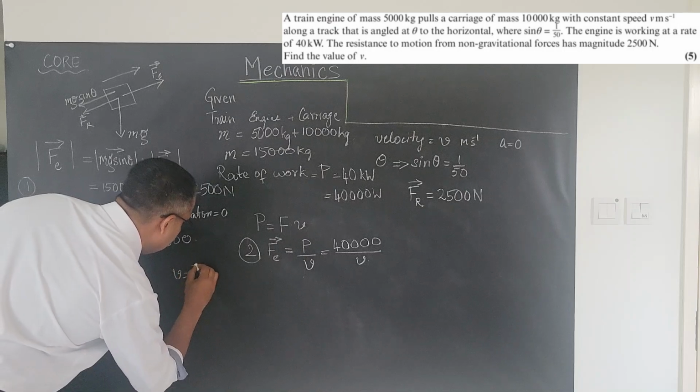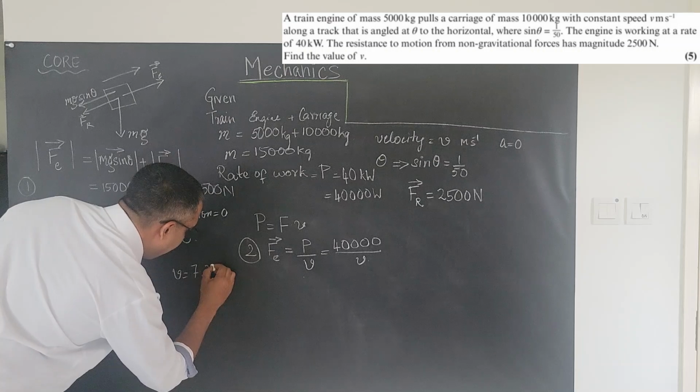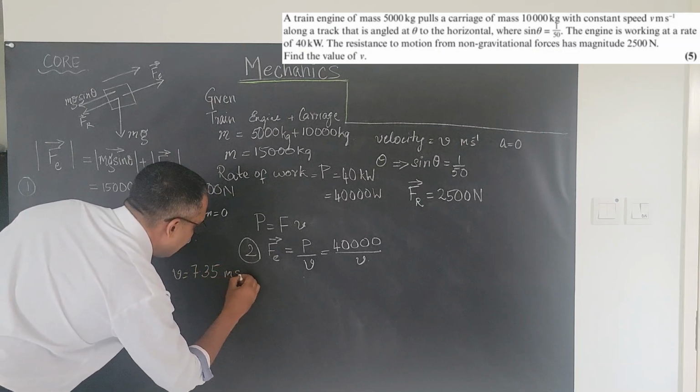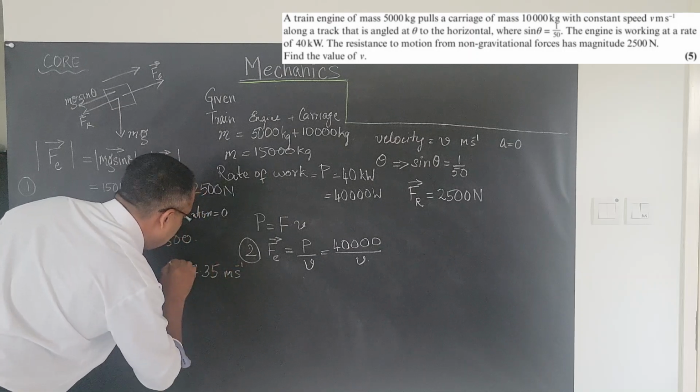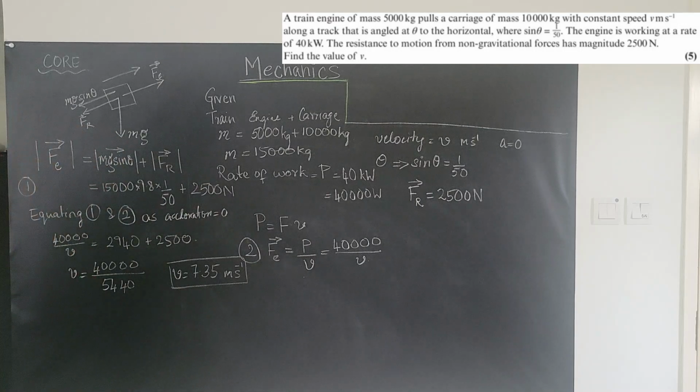Velocity is equal to 7.35 meters per second in the box. That's the answer.